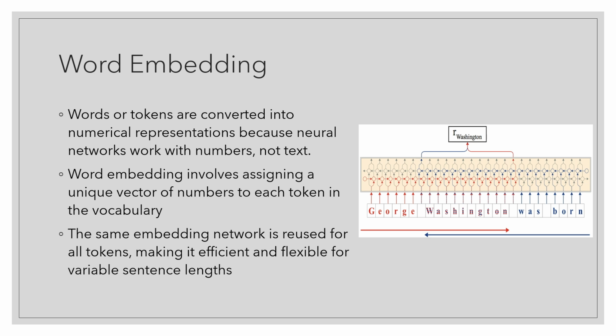They have unique tokens for each word and each letter as well. The same embedding is reused for all tokens in the embedding network, making it efficient and flexible for variable sentence lengths. So basically, this is to simplify things and not make things too complicated, so that you do not make your brain hurt.